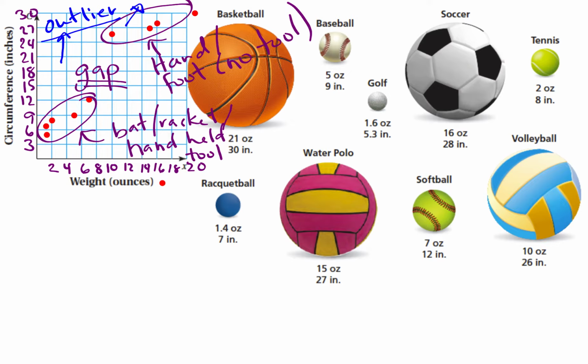Okay, outliers also could be off in this direction. Let's talk about the type of outliers you might see there. Well, one thing I can think of, a bowling ball is about the same size as a basketball, except it's between 7 and 16 pounds.